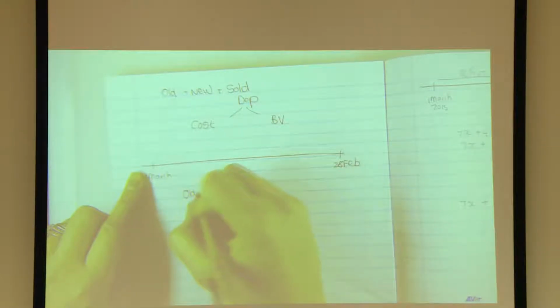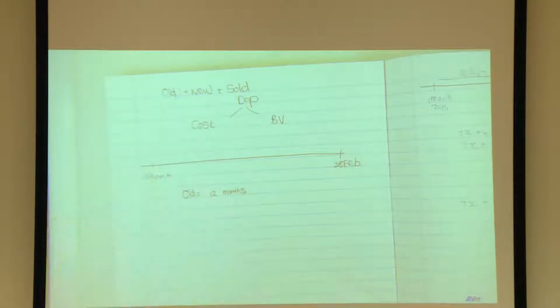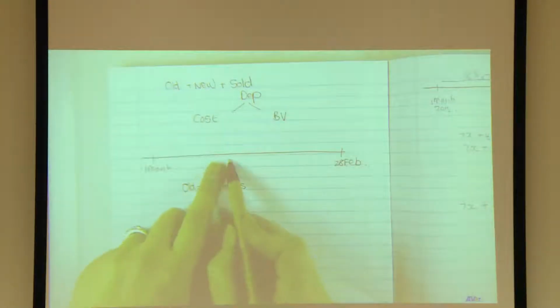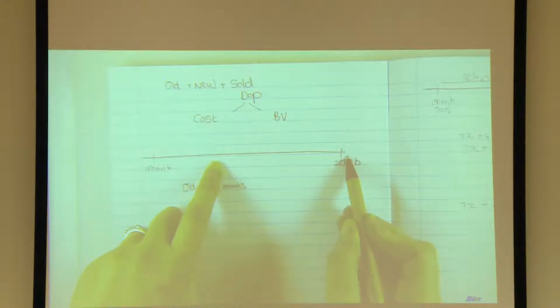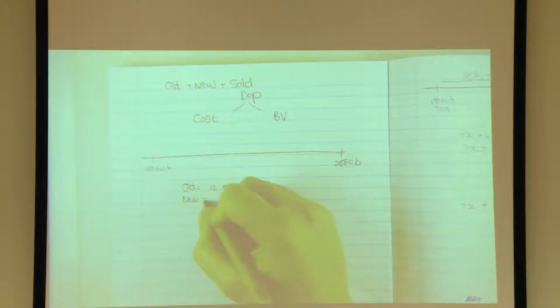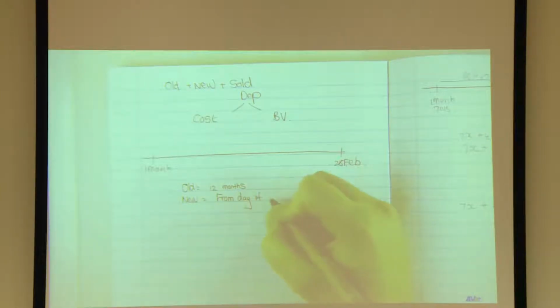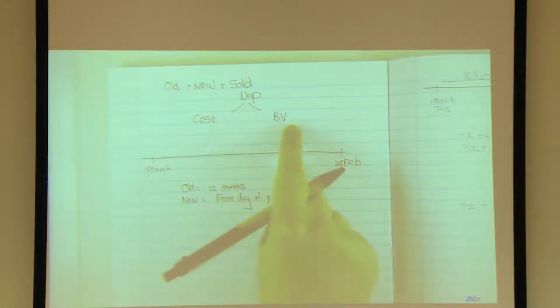When we're calculating depreciation on the new, it's from the day we purchased it until the end of the accounting period. So the new is from the day of purchase until the end. Does it matter if it's cost or diminishing?